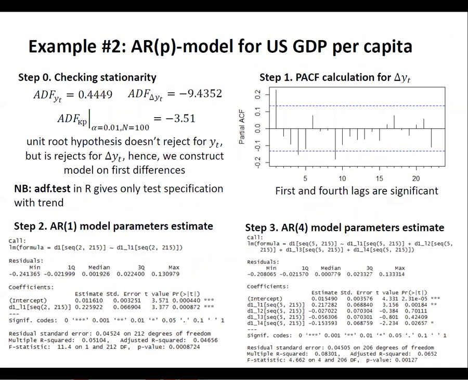Now, having dealt with these tests, with unit roots and with the concept of stationarity, we can see how they influence the result of the model. We return to the previous example and estimate the parameters of the autoregressive model for US GDP per capita.